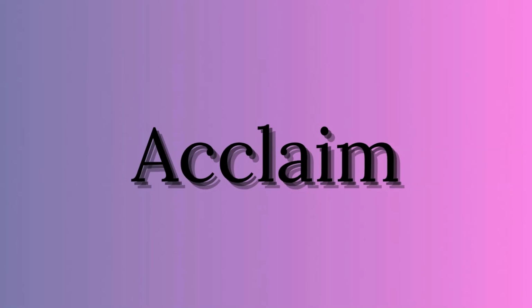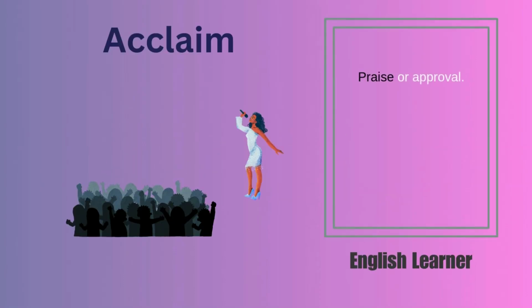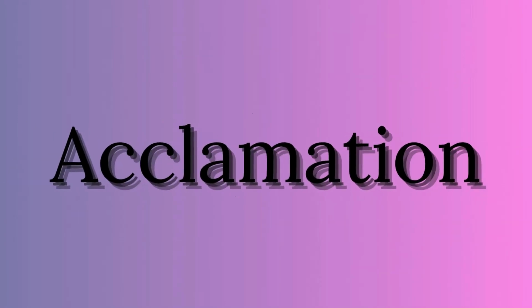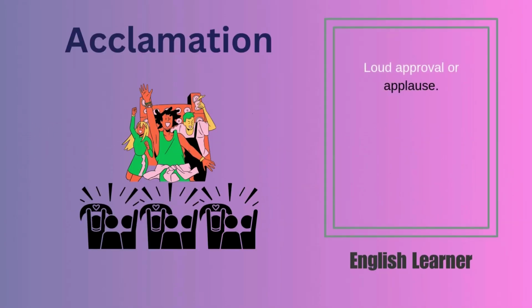Acclaim. Praise or approval. Example. The singer received a lot of acclaim for her performance. Acclamation. Loud approval or applause. Example. The team won the game to great acclamation from the crowd.